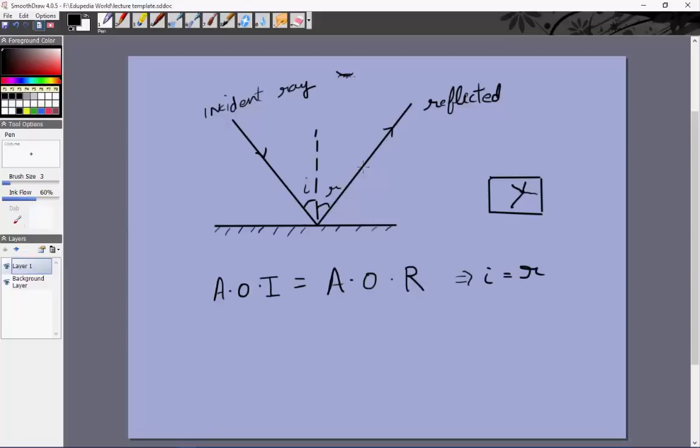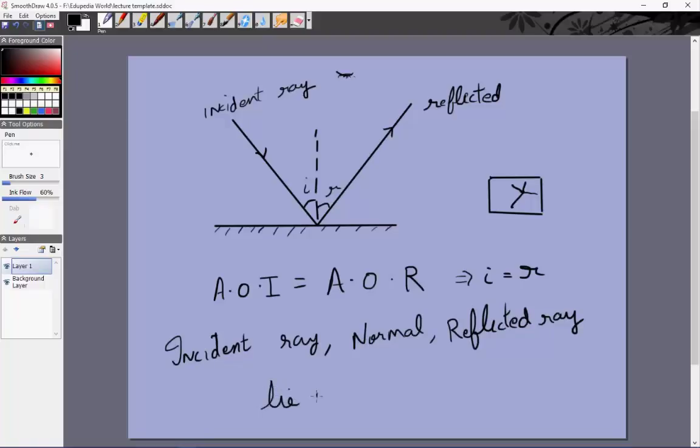But to tell us that that is not indeed true, the second law of reflection states that the incident ray, the normal, and the reflected ray lie in the same plane. This might seem obvious to you. There really is no reason why this incident ray should turn inside or outside the plane, but this second law makes it proper.